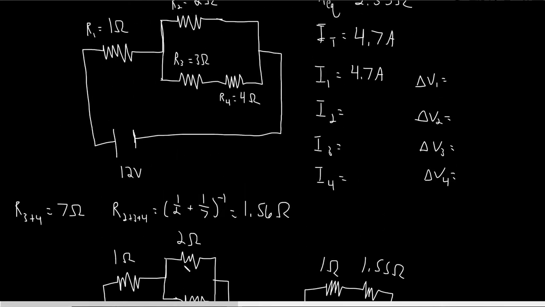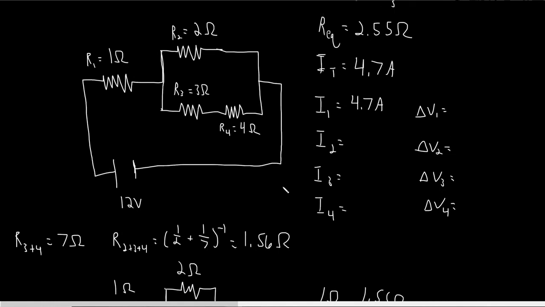So current, 4.7 amps times resistance, 1 ohm. The voltage drop across that resistor is 4.7 volts.